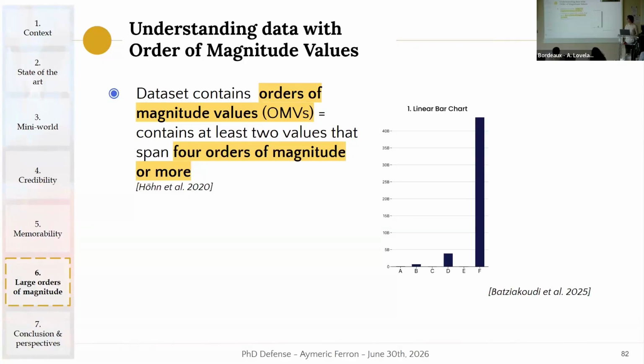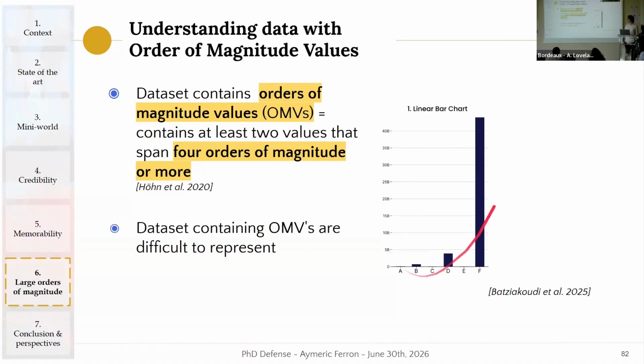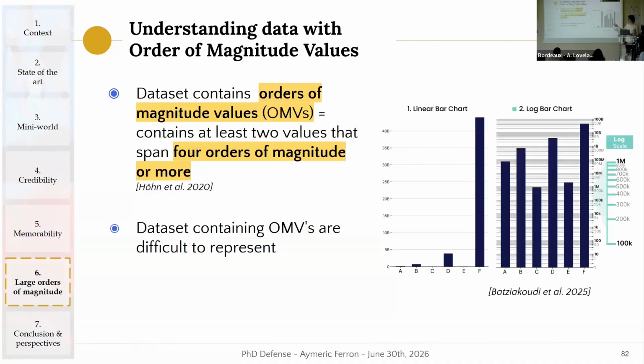Representing orders of magnitude values is kind of challenging because if we represent that with linear bar charts, small values are all flattened and we can't really see differences. But visualization researchers came up with a lot of different interaction tools and visualizations, like here, a logarithmic bar chart. However, people tend to misinterpret log bar charts.